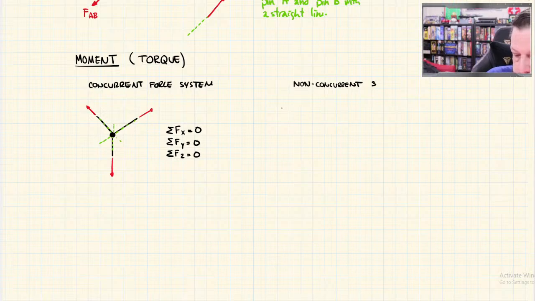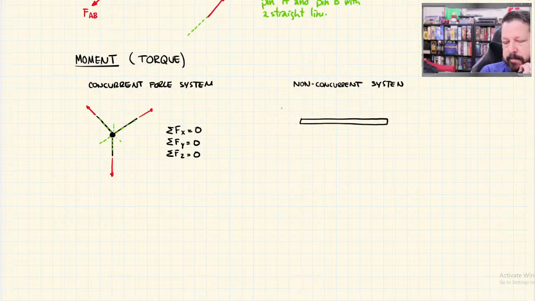And we just call that a system. So here's our non-concurrent beam. I don't know if it would count as a truss because it doesn't violate any rules, but it's just one member. So I'm going to support this with a new thing.